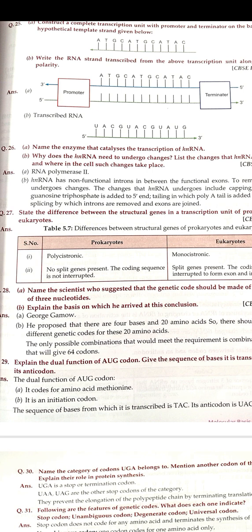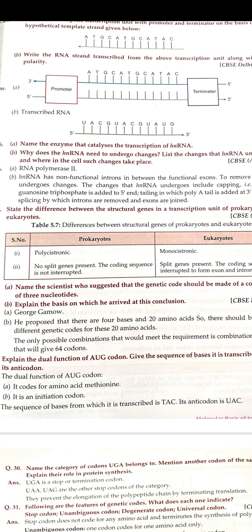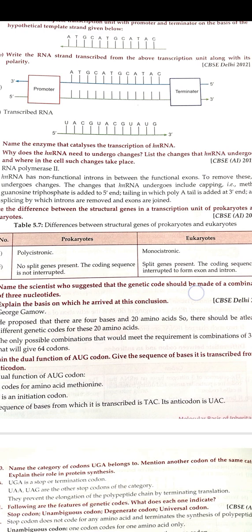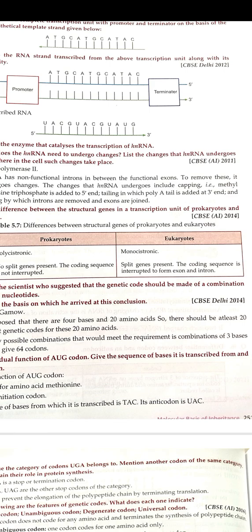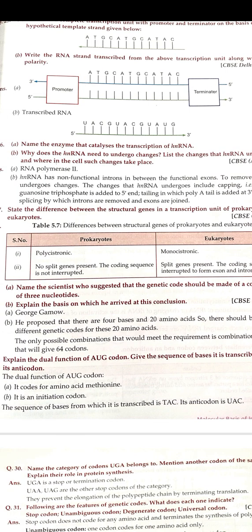Now, next question number 26. Name the enzyme that catalyzes the transcription of hnRNA. And second, B, why does the hnRNA need to undergo changes? List the changes that hnRNA undergoes and where in the cell such changes take place.